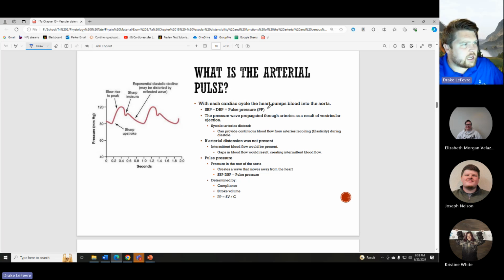Another equation, write this down. You will need this equation many times. All of this is just giving this exact stuff. Here's another equation for pulse pressure. Pulse pressure equals stroke volume divided by compliance. I'd write down those equations. All this other stuff is essentially stuff that we've already talked about.